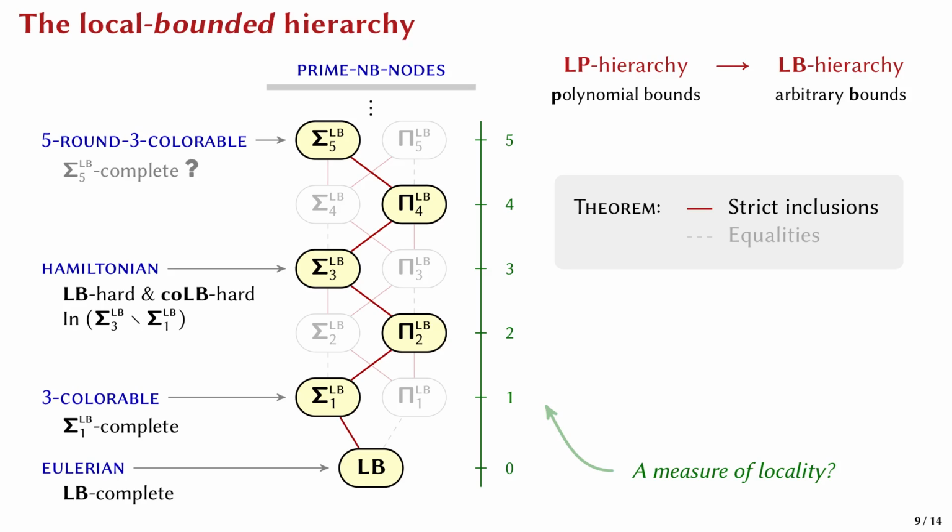On the lowest level, we have purely local problems, because here the nodes can only use the information they see locally. But the higher we go in the hierarchy, the more global information can be either proved or disproved by Eve and Adam. The main point that remains debatable is how meaningful each of these levels really is. And I don't have a definitive answer to that, but in the rest of this talk I will try to give you at least some intuition.